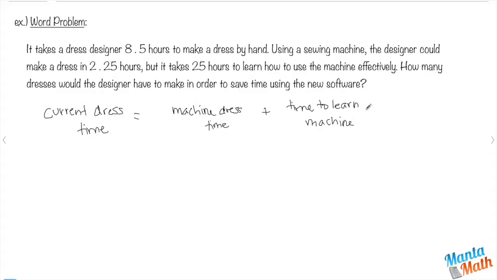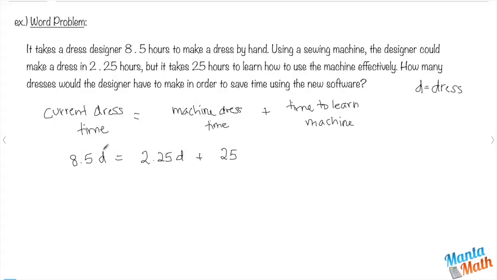And just on a side note, we know that D, our variable, is going to be dress. Okay, so the current dress time is 8.5D dresses equals the machine dress time is 2.25D plus the time to learn machine is 25 hours.